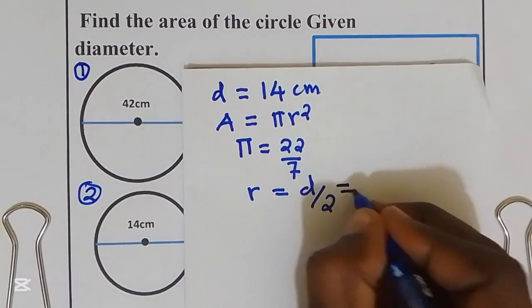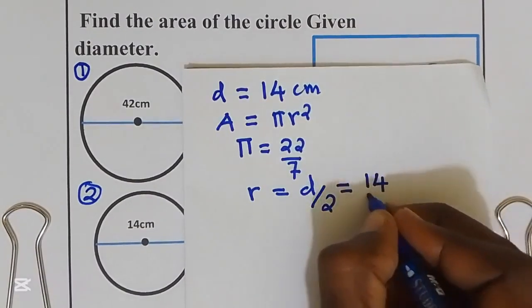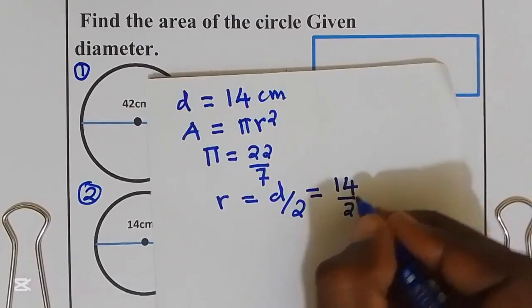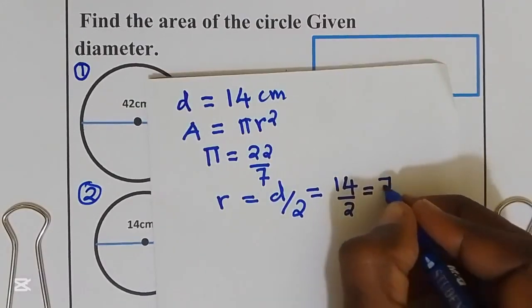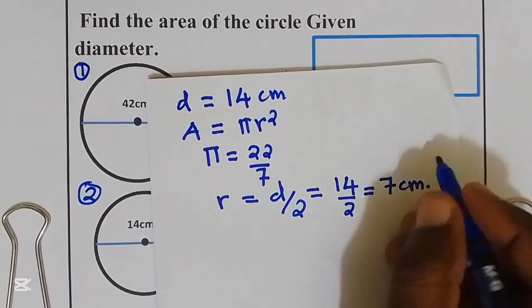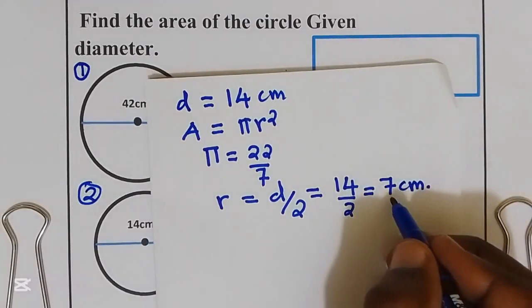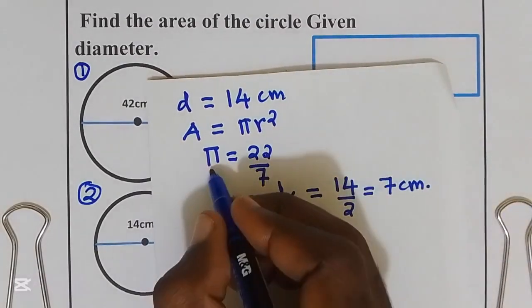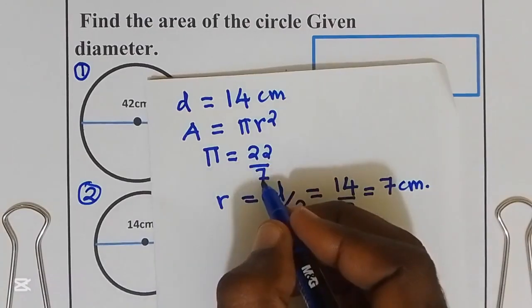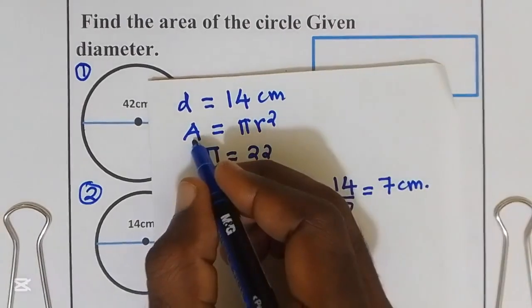This is equal to 14 divided by 2. We get 7 centimeter. Now I'm going to substitute r equal to 7 and pi is equal to 22 over 7 into my formula to get the area.